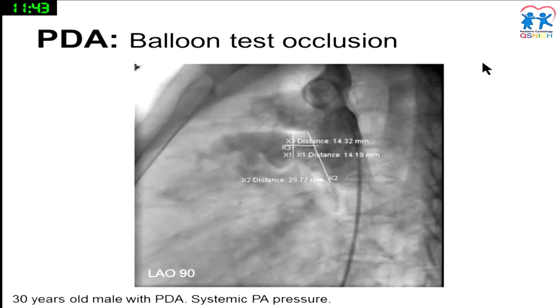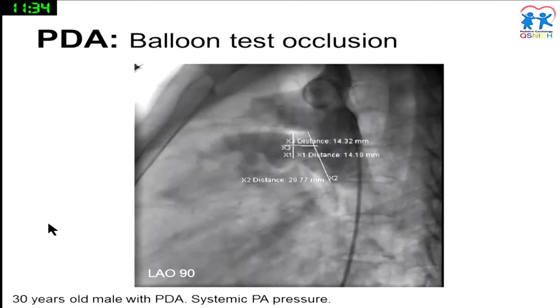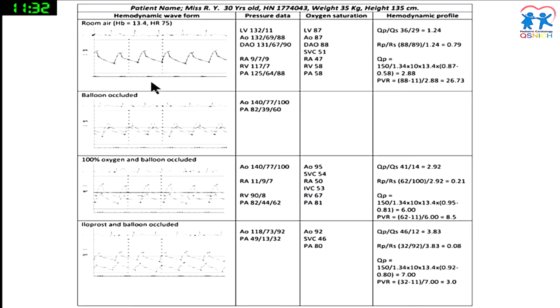And again, the beauty of the test occlusion is not just to emphasize the diameter or the anatomy, but also the physiology. As you can see, with room air, the PA pressure and aortic pressure look pretty much the same.